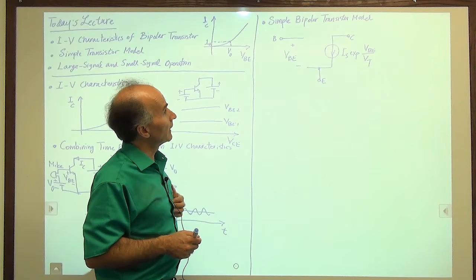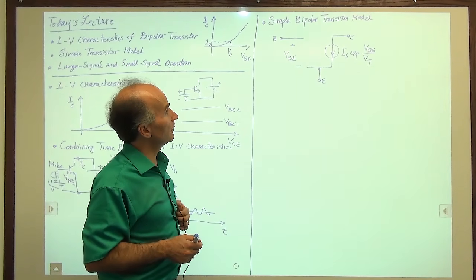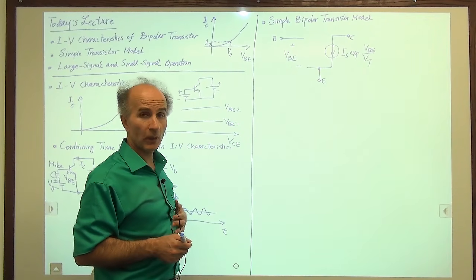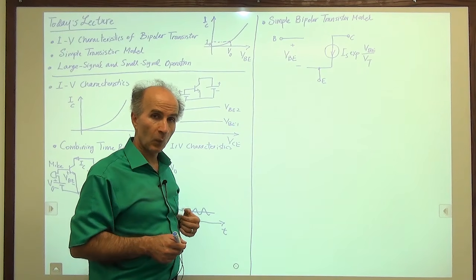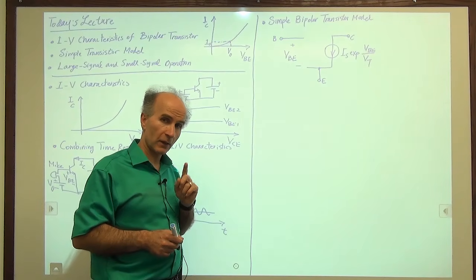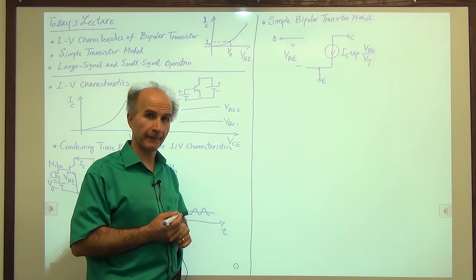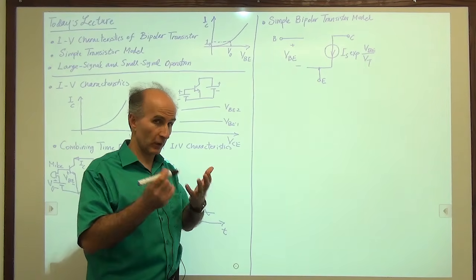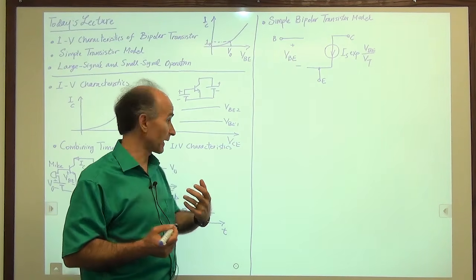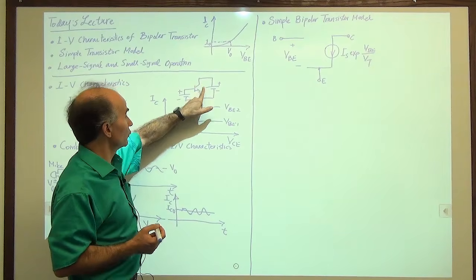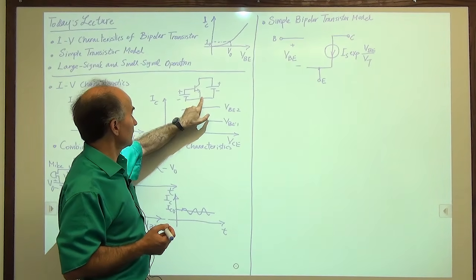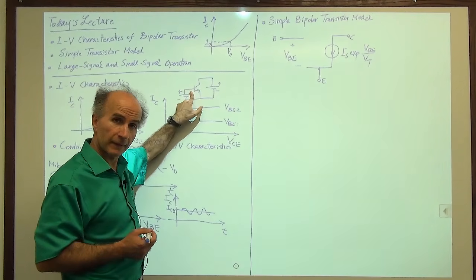Okay, that is the simplest bipolar transistor model you can think of. Why did I draw the current source from the collector to the emitter? Well, we know it has to come from the collector because the collector is drawing that current, right? But should it be between the collector and the emitter or the collector and the base?